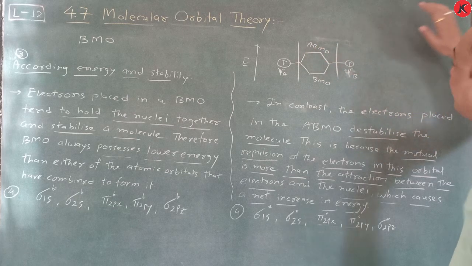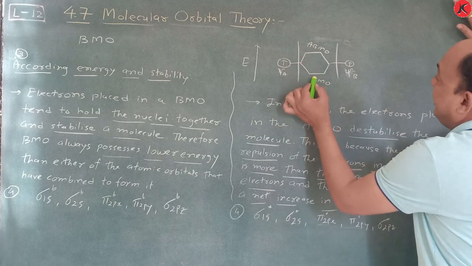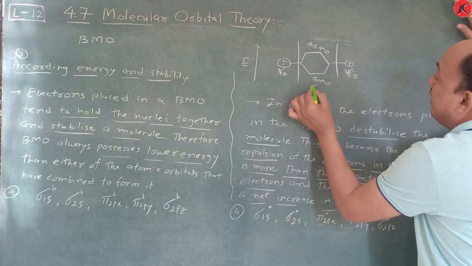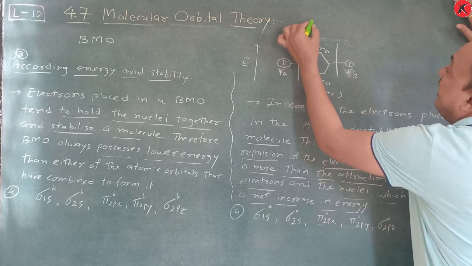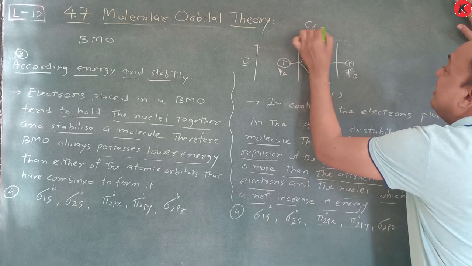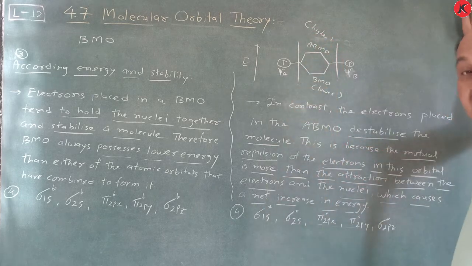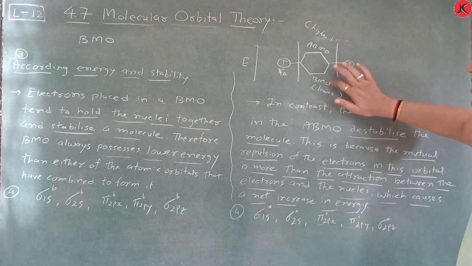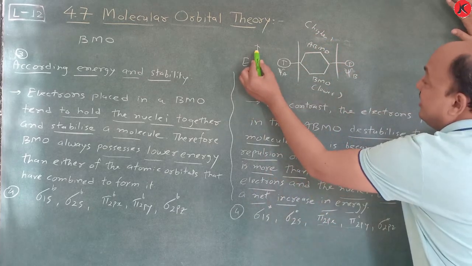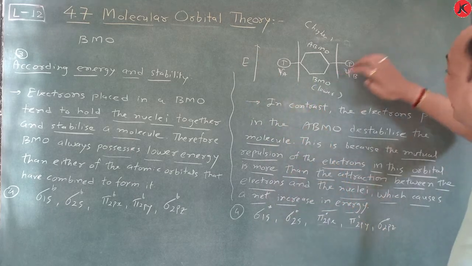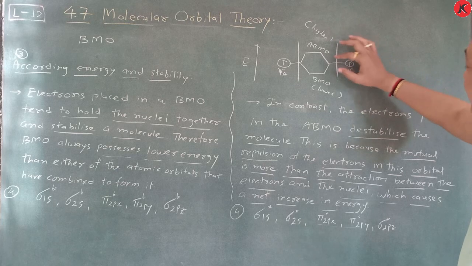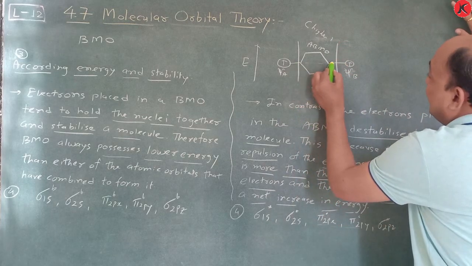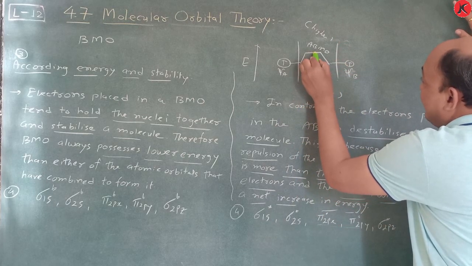So remember this one: this is the BMO, and this is the ABMO. The BMO contains lower energy and more stability, the ABMO contains higher energy and less stability, destabilized, and this is more stable. The energy of the BMO is lower and the energy of the ABMO is higher, and whatever the distance is, it remains the same.